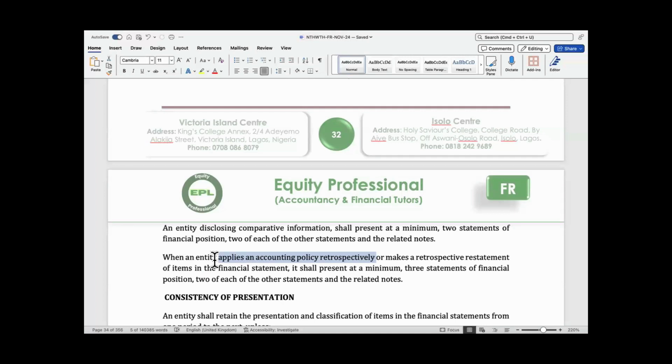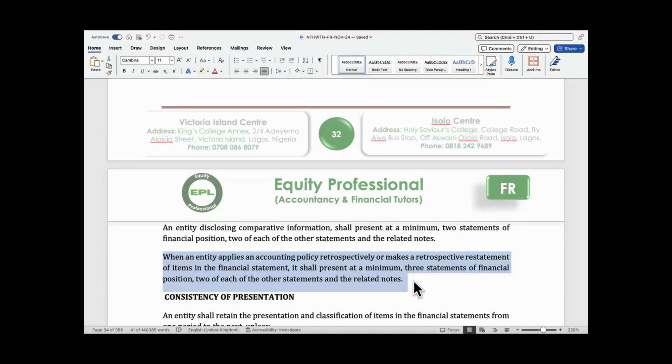Again, I've mentioned this before when I was talking about the content or the complete set, the components of a financial statement. So when I teach you IAS 8, you would appreciate this one better. But just know for now that when an entity changes an accounting policy, you would have to apply that change retrospectively. So in such a case, the entity will be required to prepare 3 years statement of financial position.